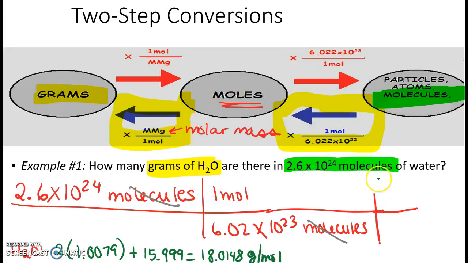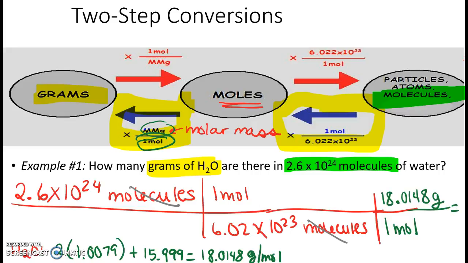So in the denominator, like our flowchart tells us, we have 1 mole, and then our molar mass in grams goes in the numerator. So the 18.0148 grams goes in the numerator.